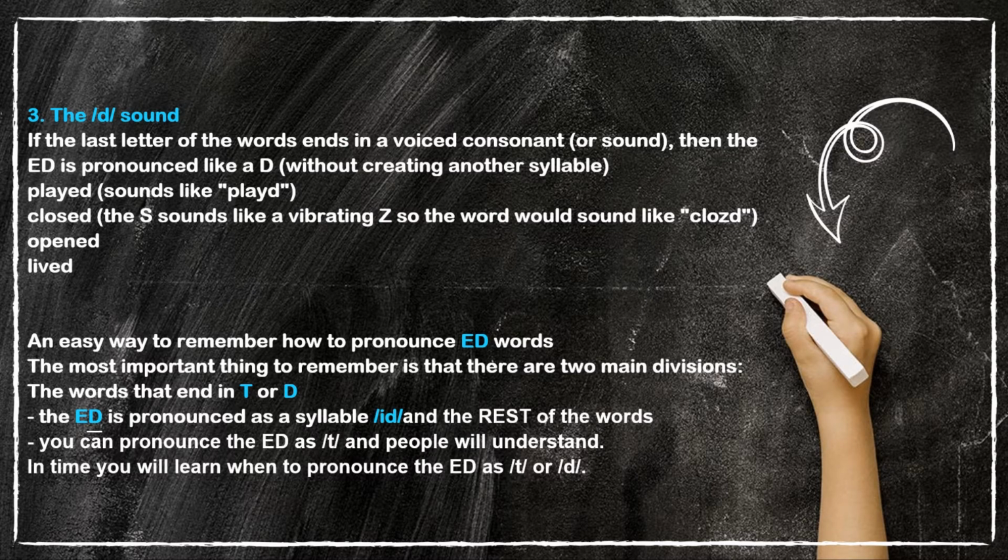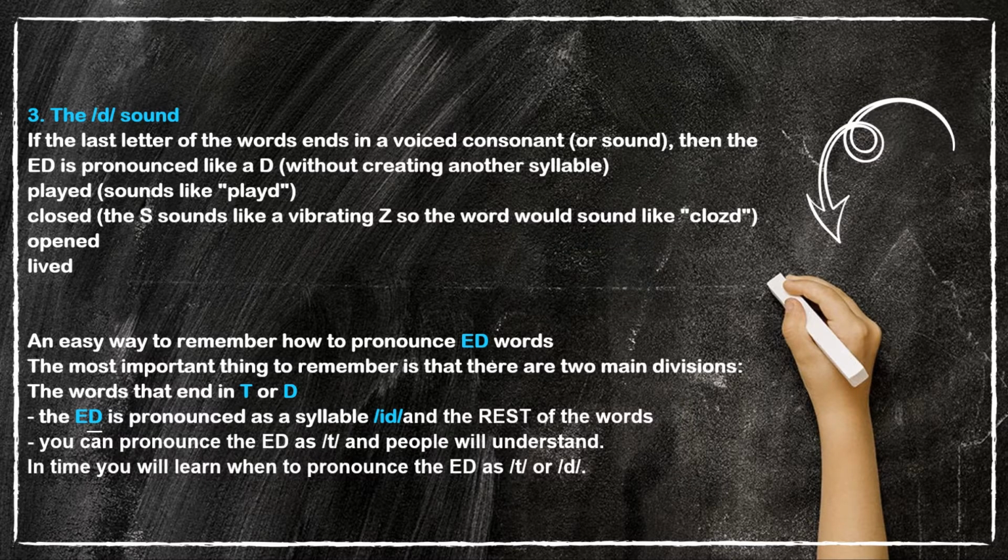So the word will sound like closed, opened, lived. An easy way to remember how to pronounce the ed words, the most important thing to remember is that there are two main divisions.